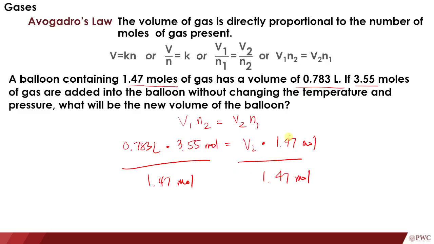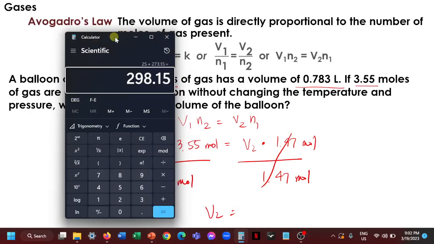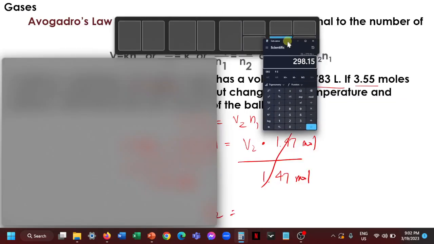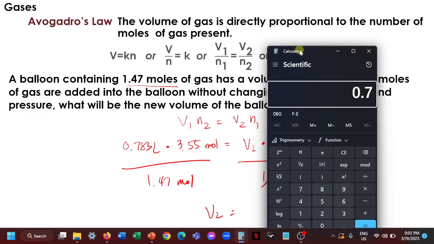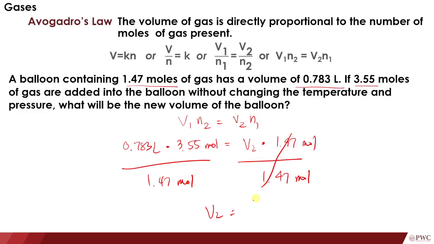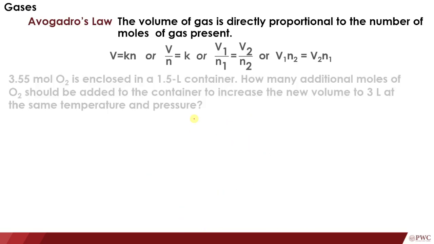What's left here is V2 equals 0.783 times 3.55 divided by 1.47. We have 1.89 liters. That's the new volume in this problem.